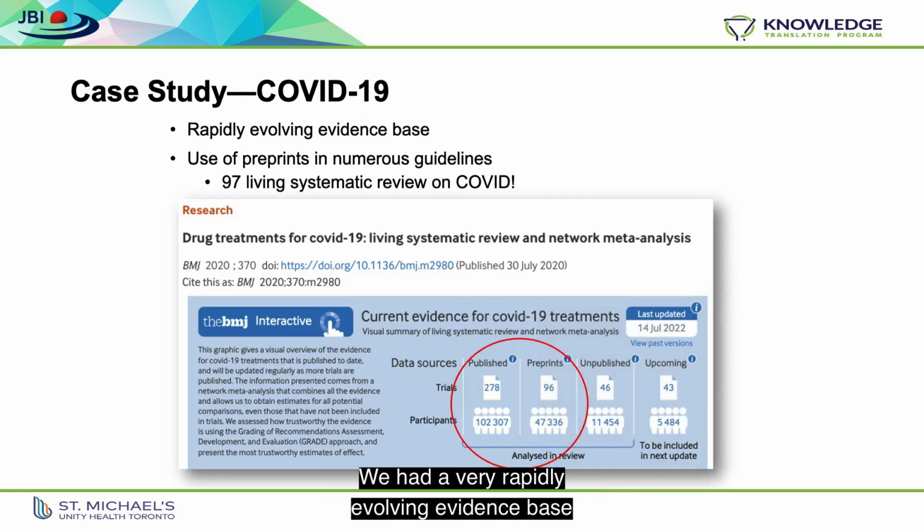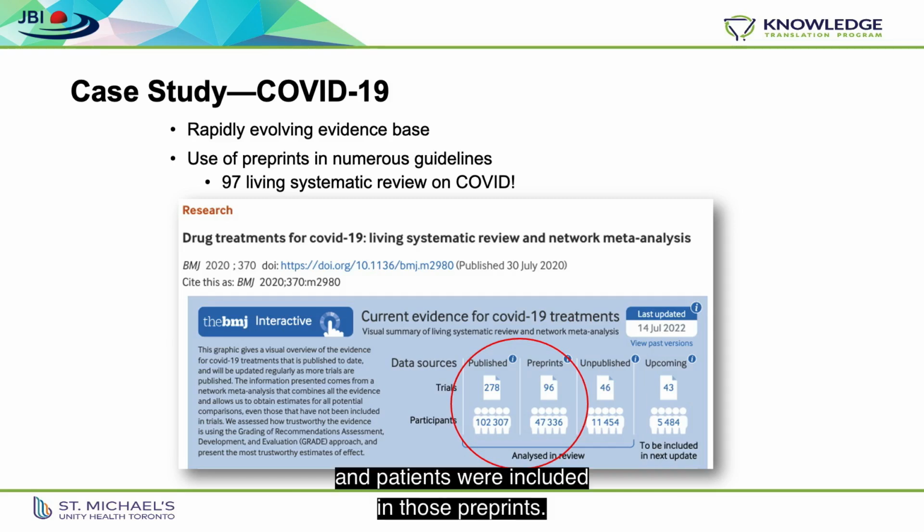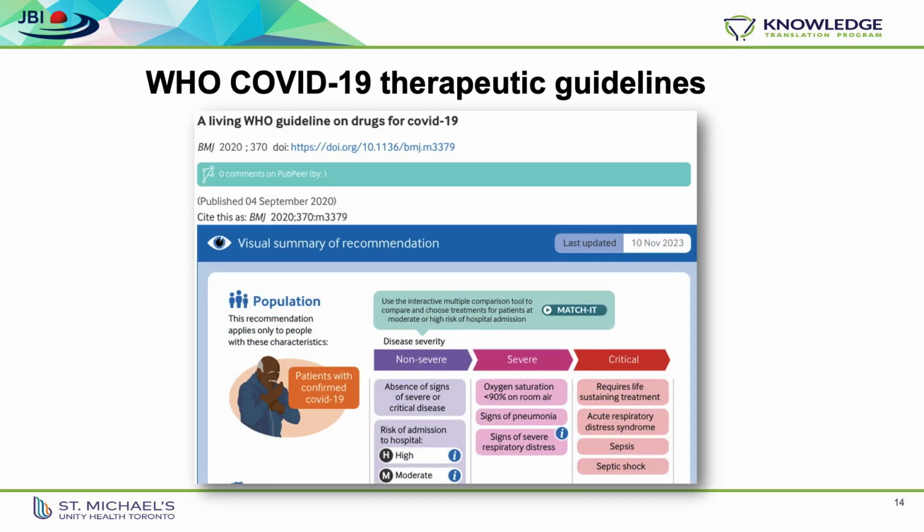We had a very rapidly evolving evidence base, and preprints were really instrumental in sharing research. There were 97 living systematic reviews on COVID, and many of them included preprints. And you can see here, this is a review that was used to inform the WHO guidelines, and you can see just how many preprints and patients were included in those preprints. So this is the living guideline for COVID.